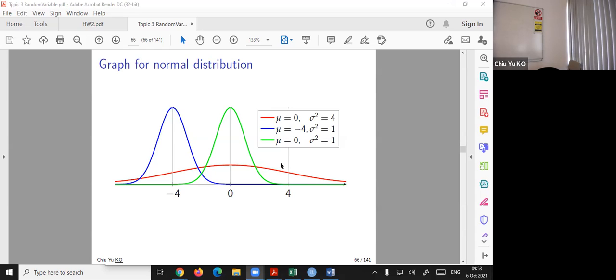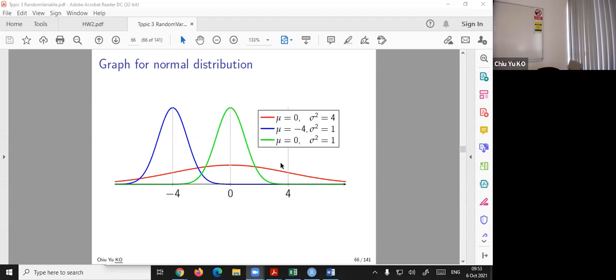The larger the sigma, the flatter: you smash it and spread it out. The smaller the sigma, the more concentrated in the center. That's why in statistics, sigma is called the spread parameter.